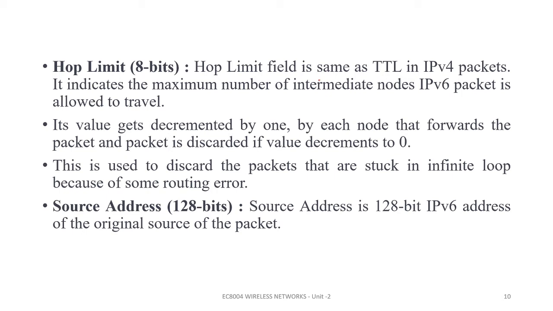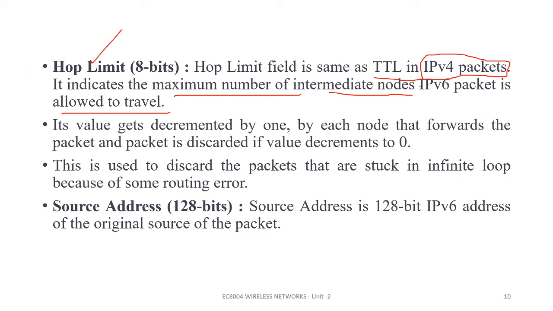The hop limit field is the same as TTL in IPv4, version 4. It indicates the maximum number of intermediate nodes an IPv6 packet is allowed to travel. How far my packets can travel between the intermediate nodes is known as my hop limit.